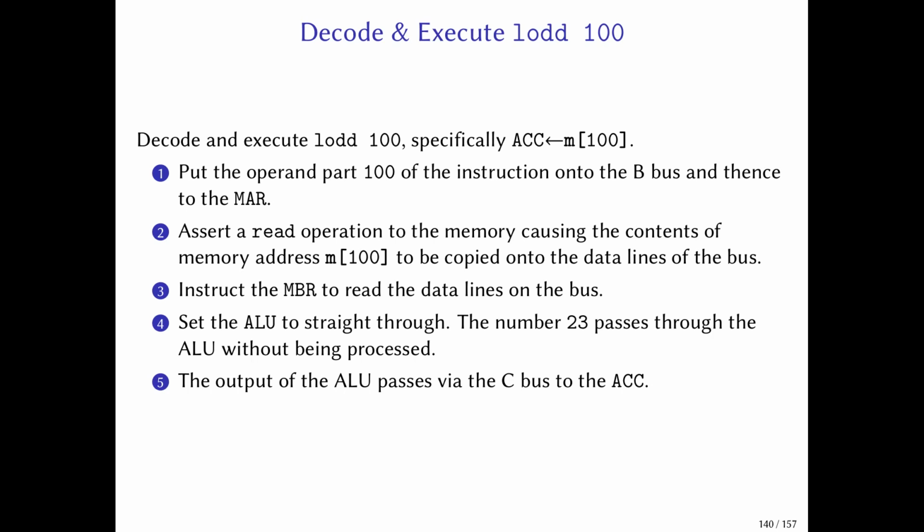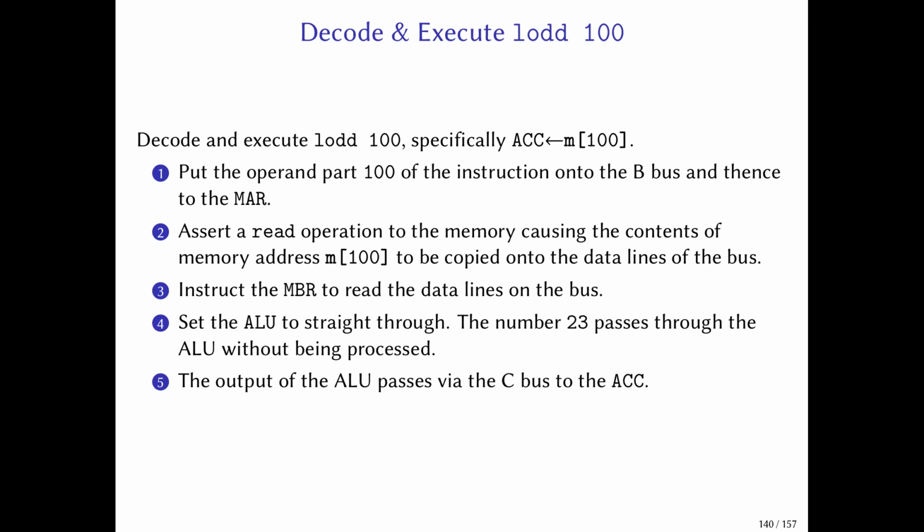So the net effect is that the contents of memory cell 100 will be copied into the accumulator, remembering of course that memory cell 100 was specifically set aside to store the contents of the variable C.